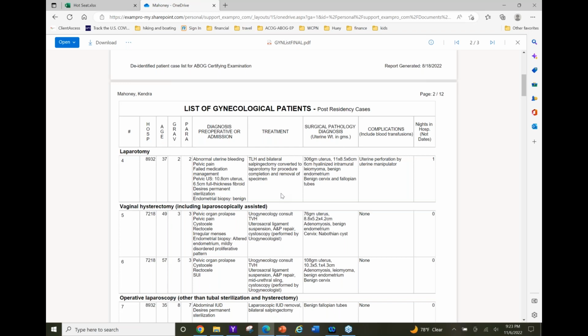Tell me where you would find the ureter as it courses through the pelvis.